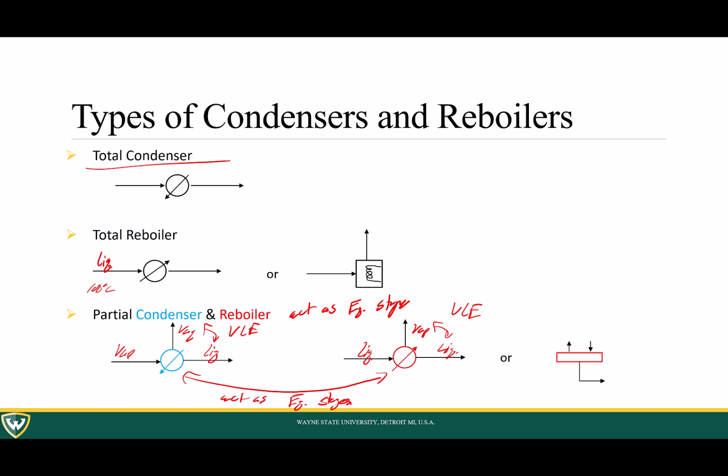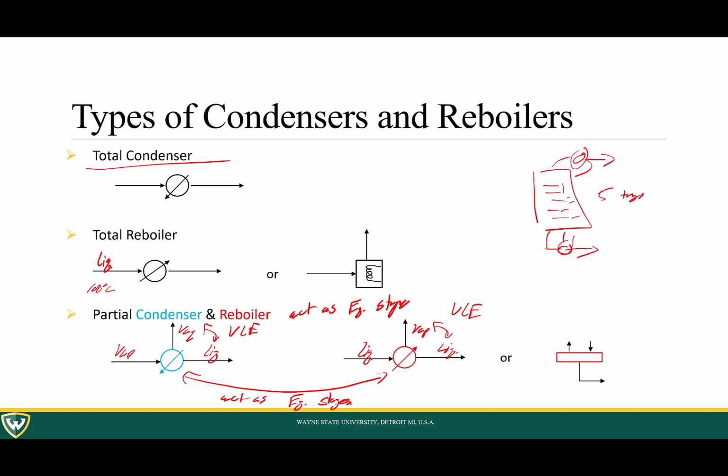So if I was to say how many equilibrium stages are required for a distillation column with a partial reboiler and a partial condenser, you would have the number of actual stages. And then if you had the partial condenser and reboiler, then you would have 1, 2, 3, 4, 5 trays, but then you would also have these 2.